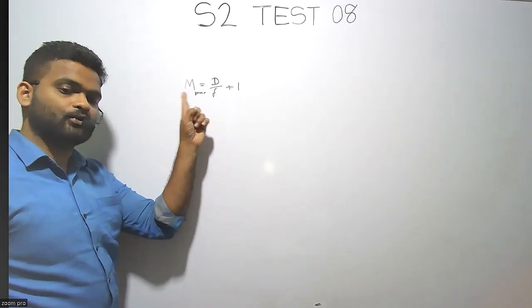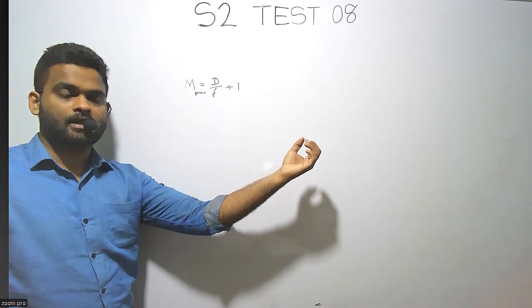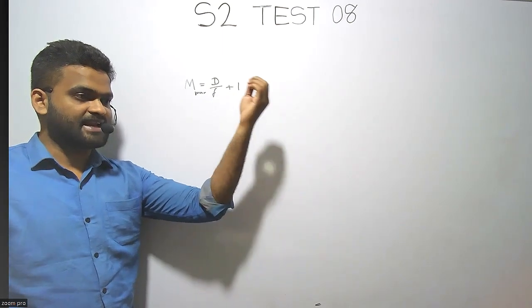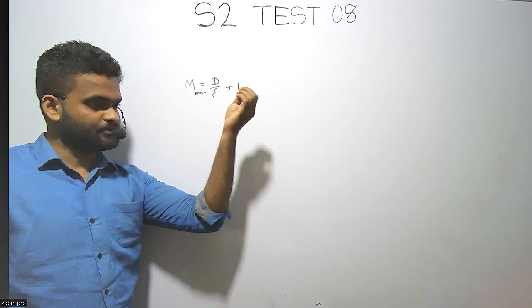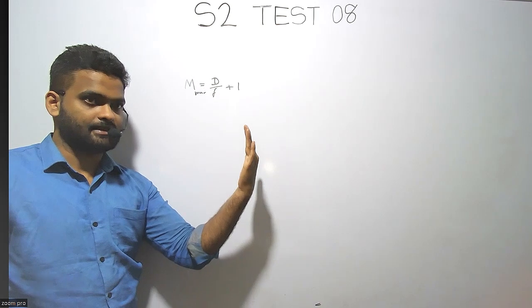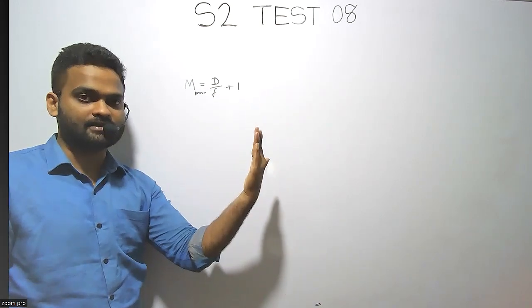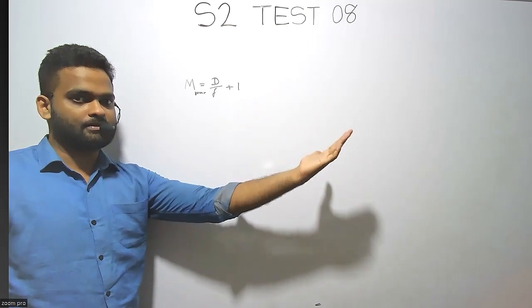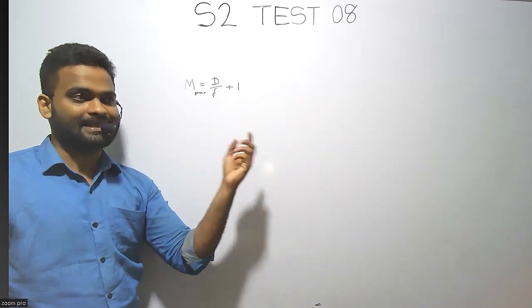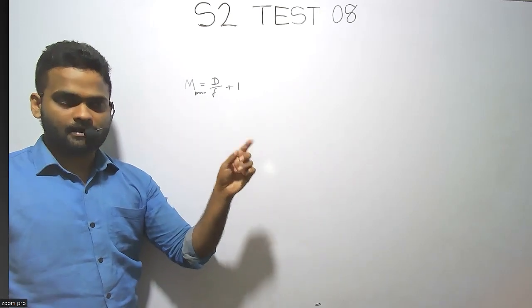When we are proving this one, we have to make sure the final image is made at D distance, that is the least distance of distinct vision, 25 centimeters.